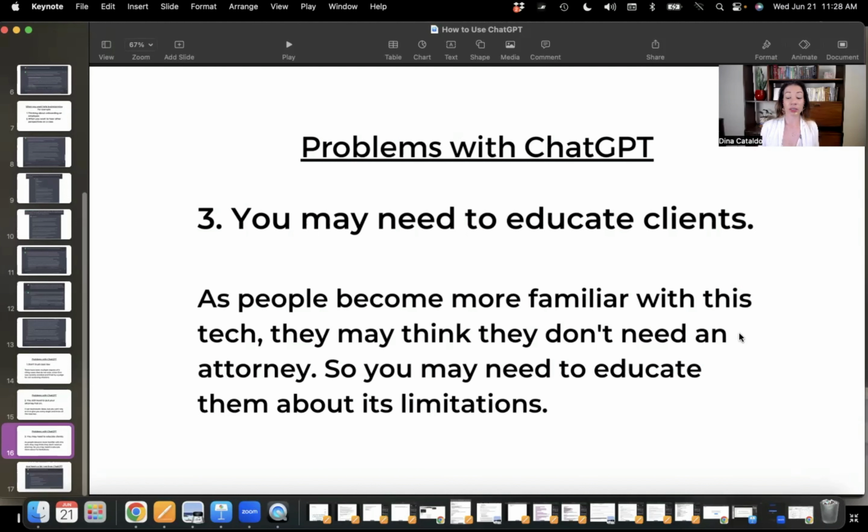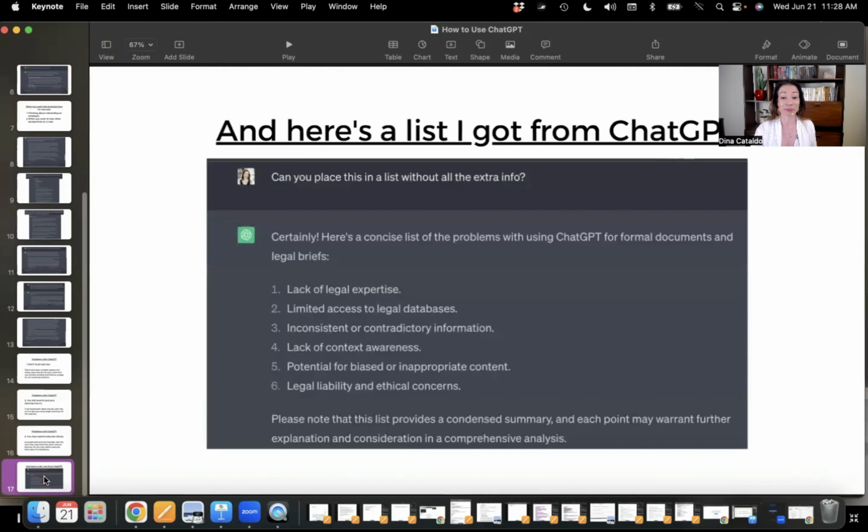You're going to have to start educating people in the future about why there are legal implications and limitations to this technology and why they need a lawyer in order to satisfy the legal propriety of that document. And then I went to ChatGPT and I asked ChatGPT to tell me all the problems that using ChatGPT for formal documents and legal briefs can give us.